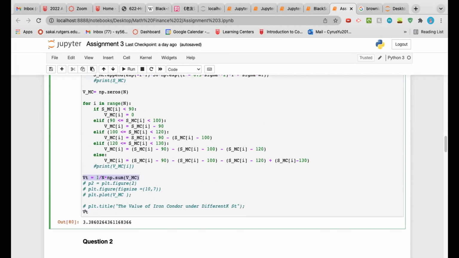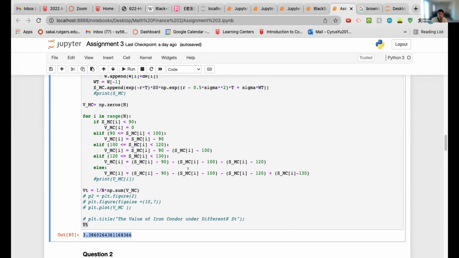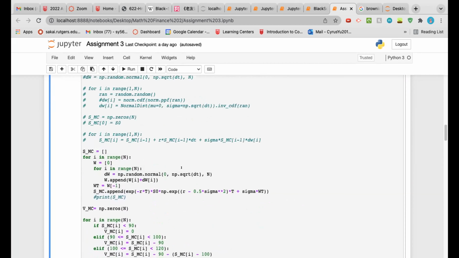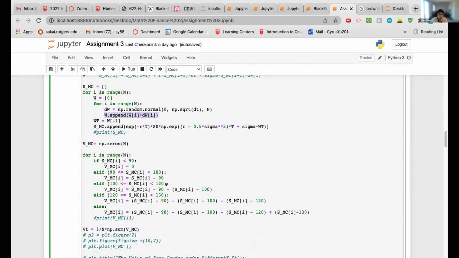But this is the V_T that I got in the end. Go up. I think because I'm generating different Brownian motions within the loop... Wait, hold on.